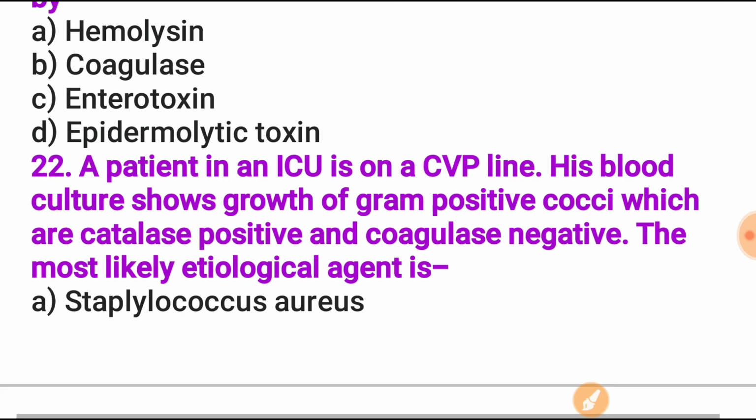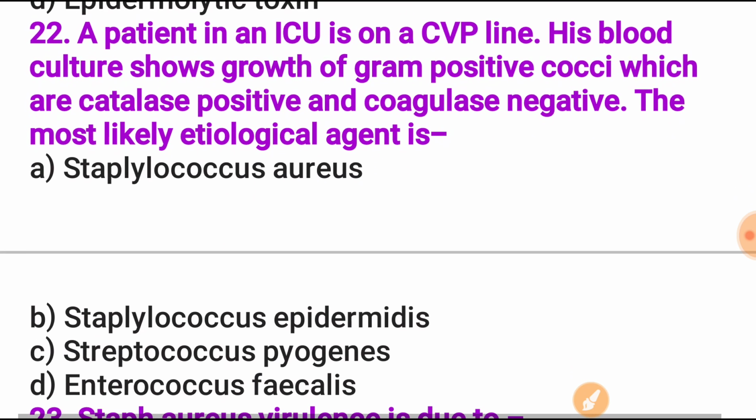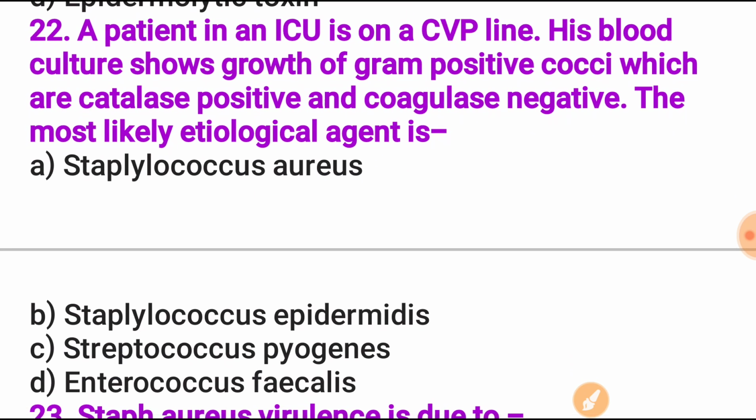Next is, a patient in an ICU is on a CVP line. His blood cultures show growth of gram-positive cocci, which are catalase positive and coagulase negative. The most likely etiological agent? This looks like a long question, but it is not.